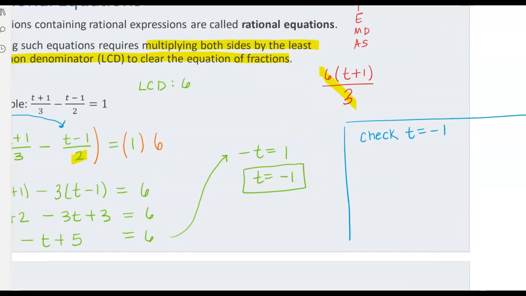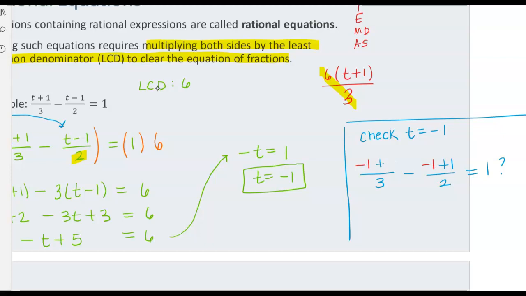So our first fraction was t, we'll put negative 1 in there. Negative 1 plus t over 3. And then we'll have negative 1 plus 1 over 2. And we want to know whether that's equal to 1.